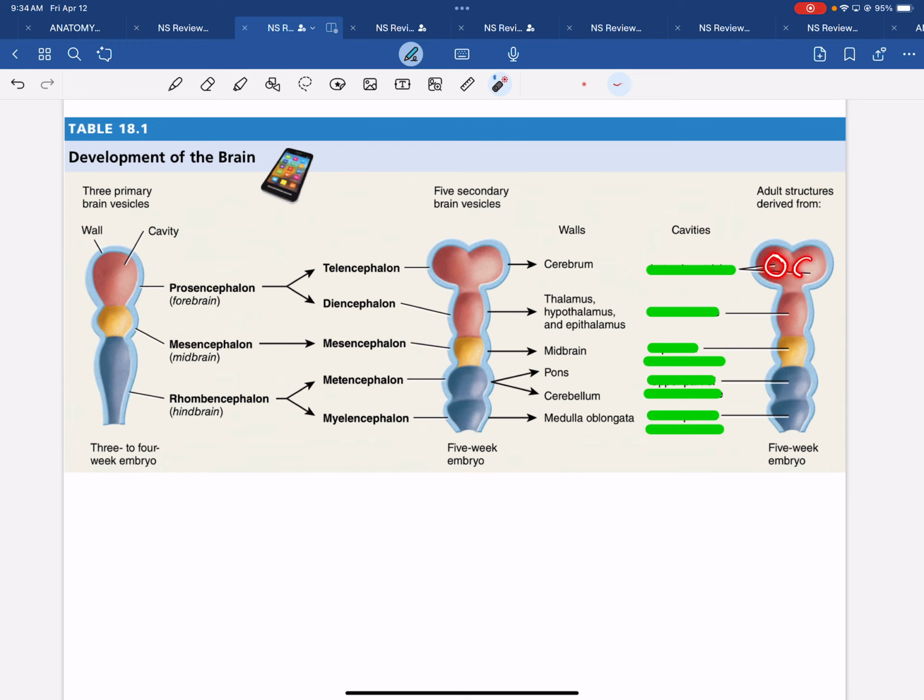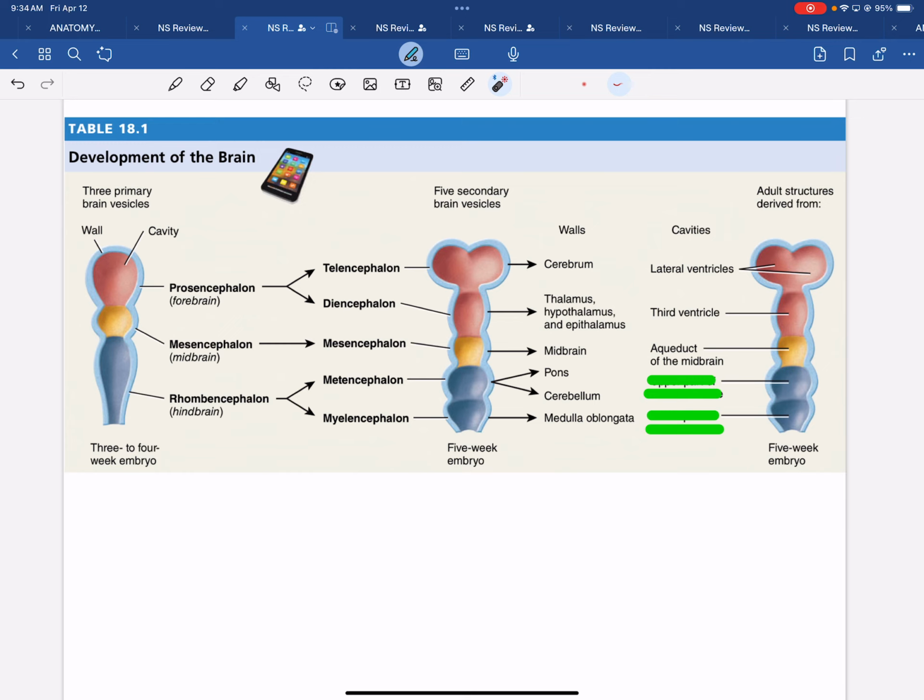What are these spaces within the cerebrum? Good, the lateral ventricles. What about the space in the diencephalon? The third ventricle. This space in the midbrain, the cerebral aqueduct, good. Or aqueduct of the midbrain. It says cerebral aqueduct in the lab manual.